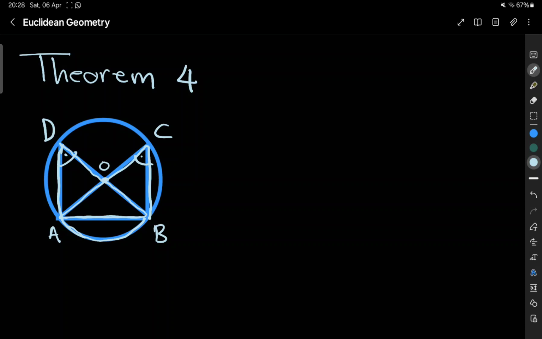So we can say that angle D is equal to angle C, and the reason for this is angles in the same segment.